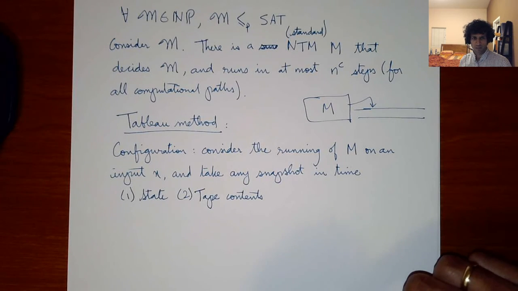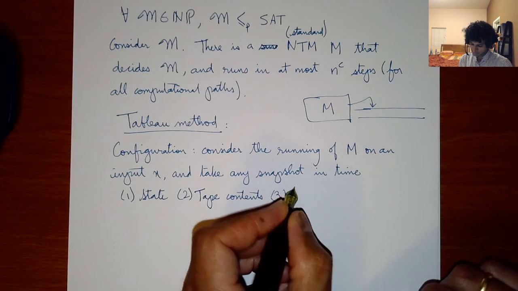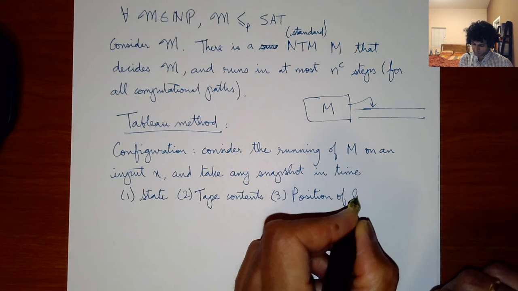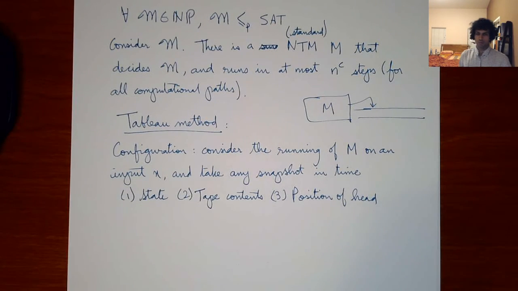And you need one more thing: the position of the head. So if you know these at any point, then you could proceed one more step. This is pretty much like a simulation theorem, right? This is what you need to know to be able to simulate the Turing machine.